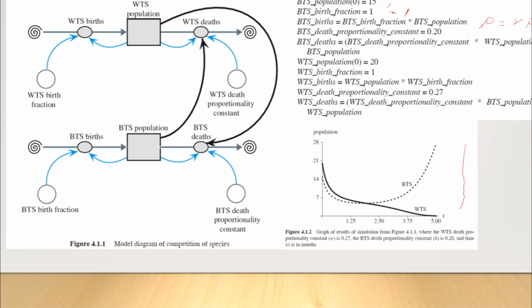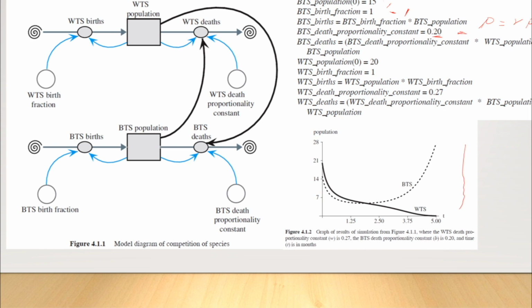So initial population, and the death proportionality constant, you can see here, if this is 1, you give this one as 0.2. So you see it's just less than 1, obviously. Otherwise you won't get the right values. So this is what the rule of thumb explains in the previous slide.